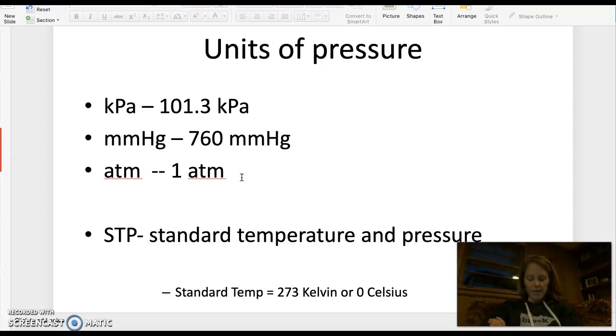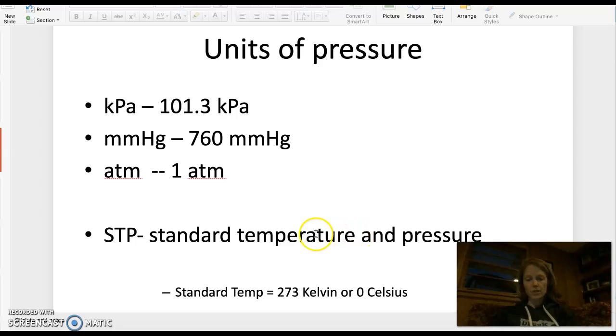These values here are the standard unit for that pressure. And you'll see that this is what we consider to be the atmospheric pressure at sea level, is what we're going to consider to be standard pressure. And so at some point earlier in the year, we talked about this idea of what's called STP, or standard temperature and pressure. And basically standard temperature and pressure is just a set of conditions that we often refer to.